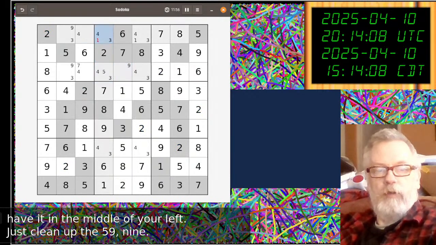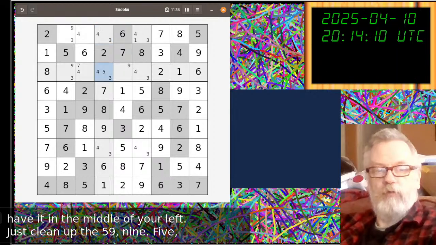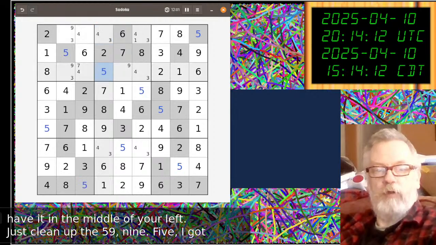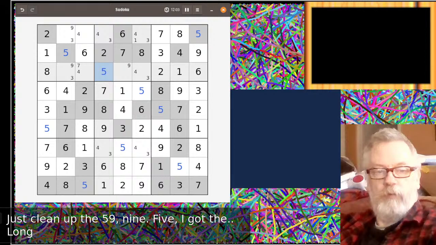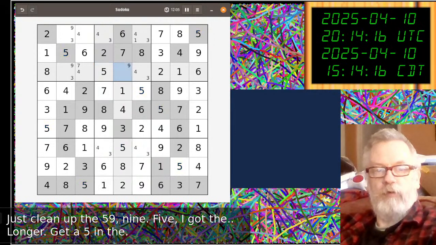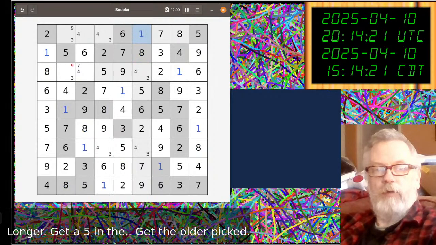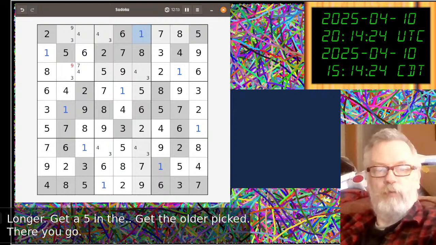Got a 5 that gets filled or picked as a result. A 9, a 1. All of them are the only ones of their number in the square at all.